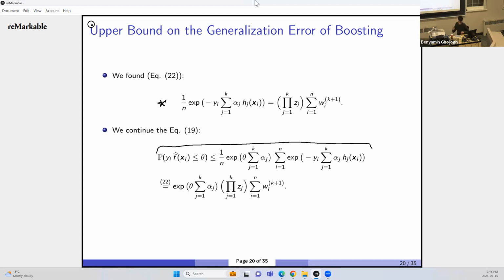Okay. But according to equation 22, which I have repeated above, what am I doing? Inside equation 19, interestingly, I have this term. I have this, sorry. I have 1 over n times this sum, this, am I right?